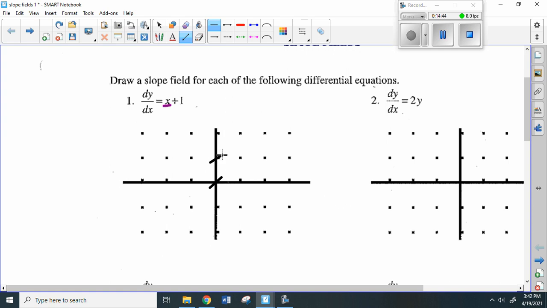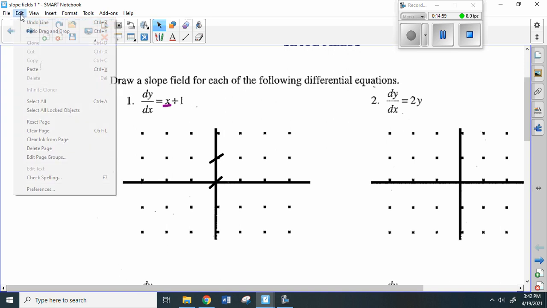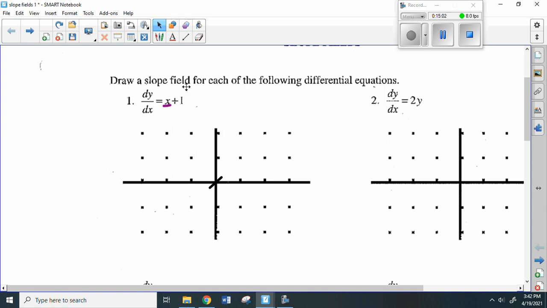So I'm going to try to draw several, all with that same 45-degree slope. Actually, all of them except my first one, so give me a second.